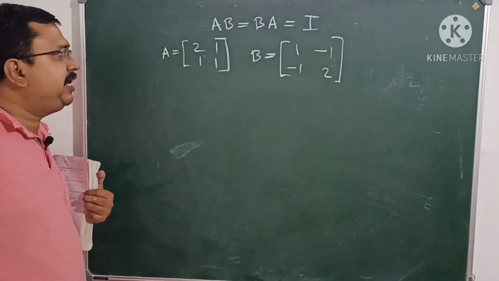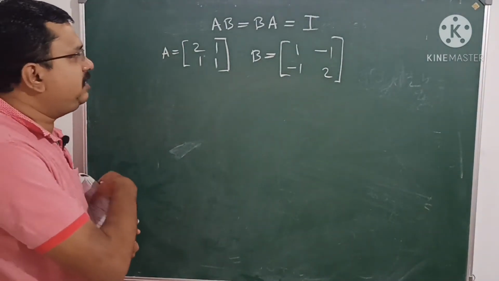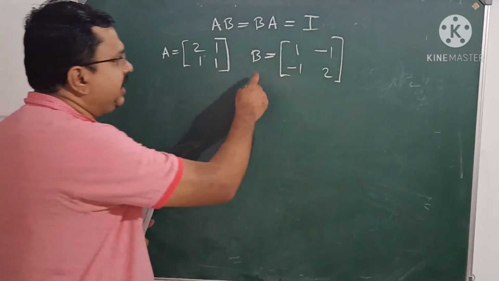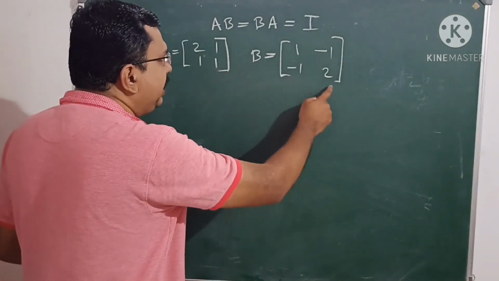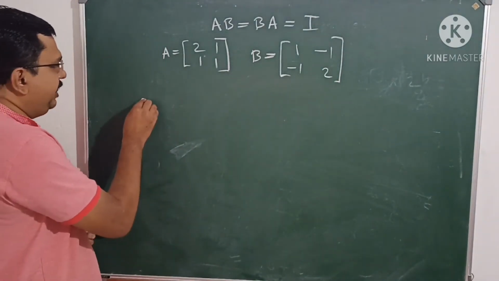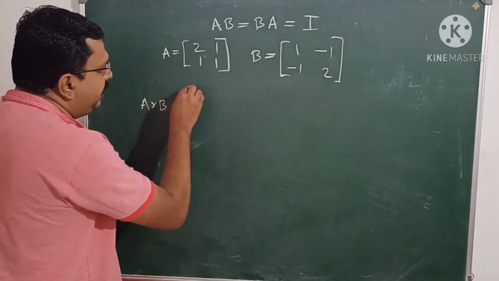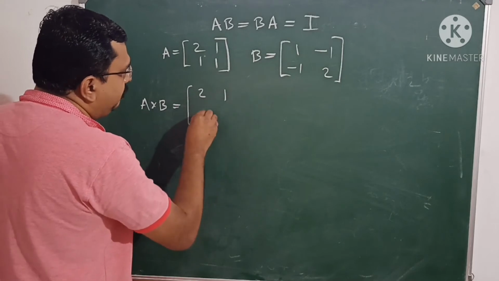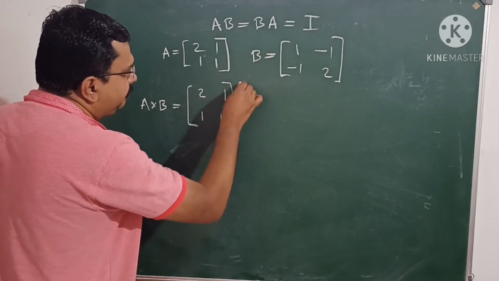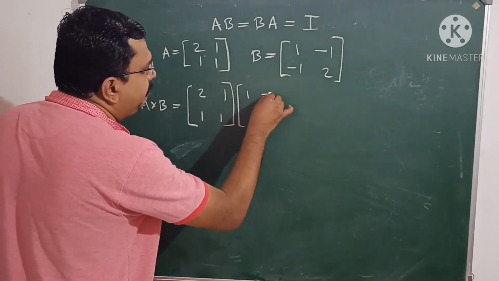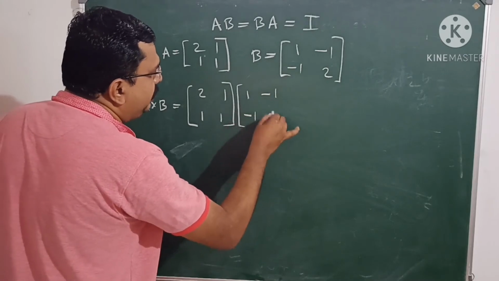Two matrices are there. First one is A, 2, 1, 1, 1, and second one is B, 1, minus 1, minus 1, 2. Then we can find A into B, or AB. How to find it? 2, 1, 1, 1 into B, 1, minus 1, minus 1, 2.